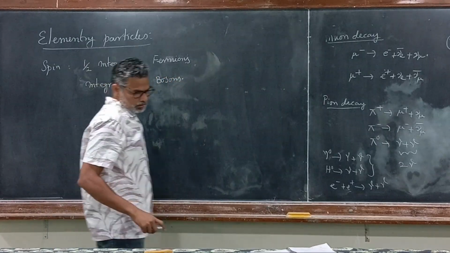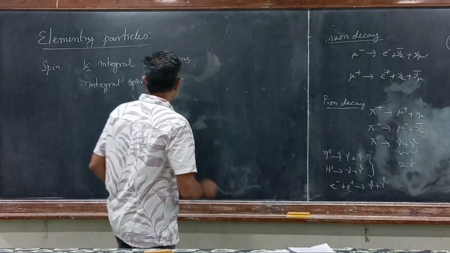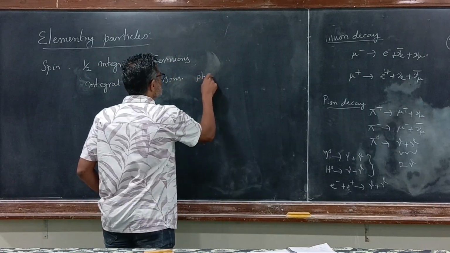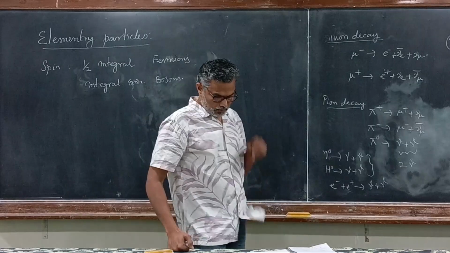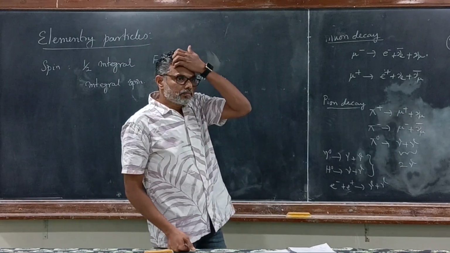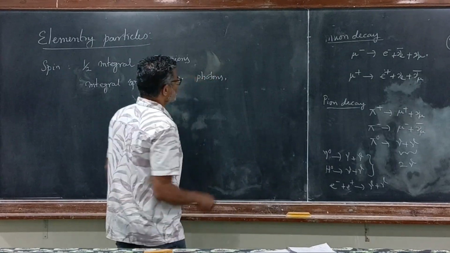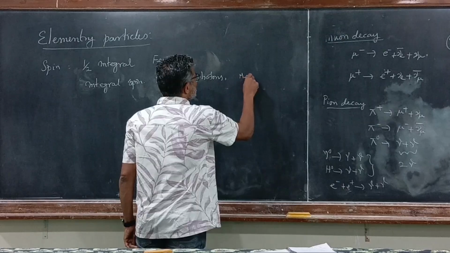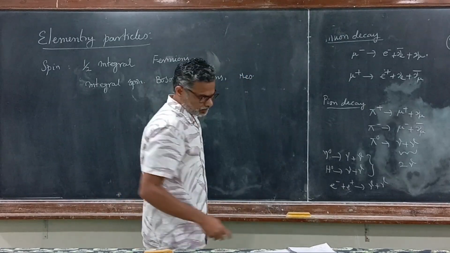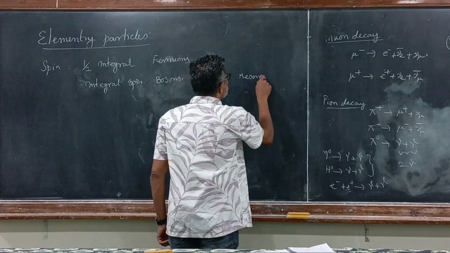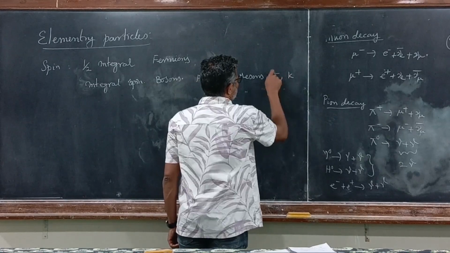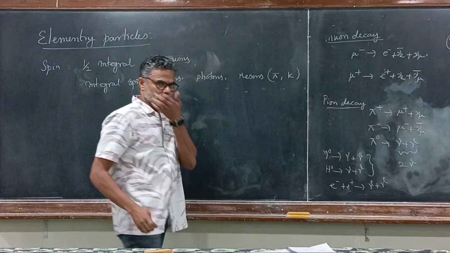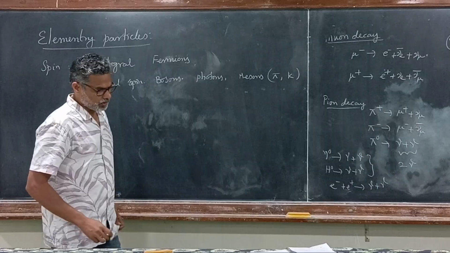The examples of bosons are photons, basically. Then again, it's bosons, it's a meson. Mesons, correct? The mesons are called pi and k mesons. Major. Okay. So pi and k meson.